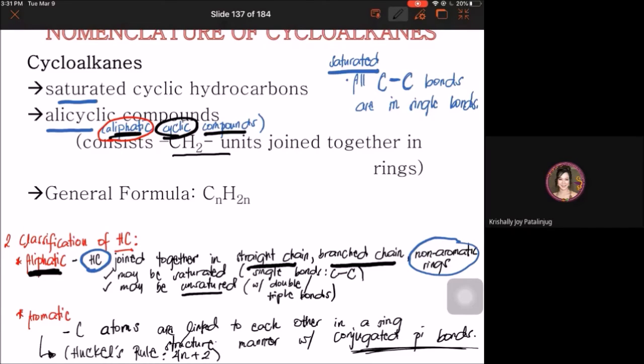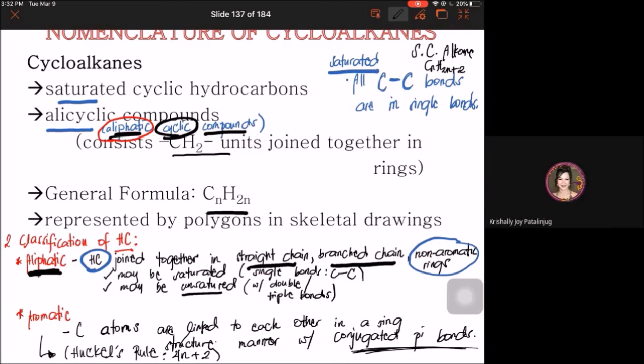This would be the general formula for a cycloalkane. Whereas yung straight chain alkane, di ba? It is CnH2n plus 2. Ito naman yung sa cycloalkane. And take note, it is cyclic ha.